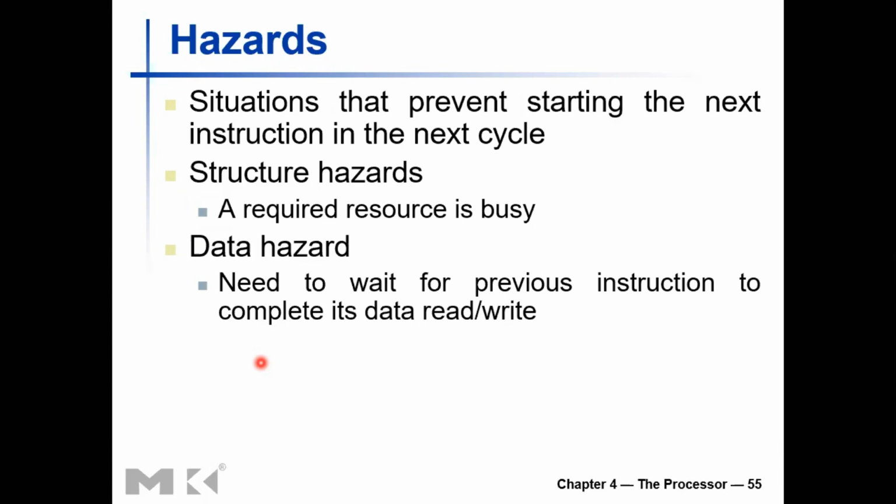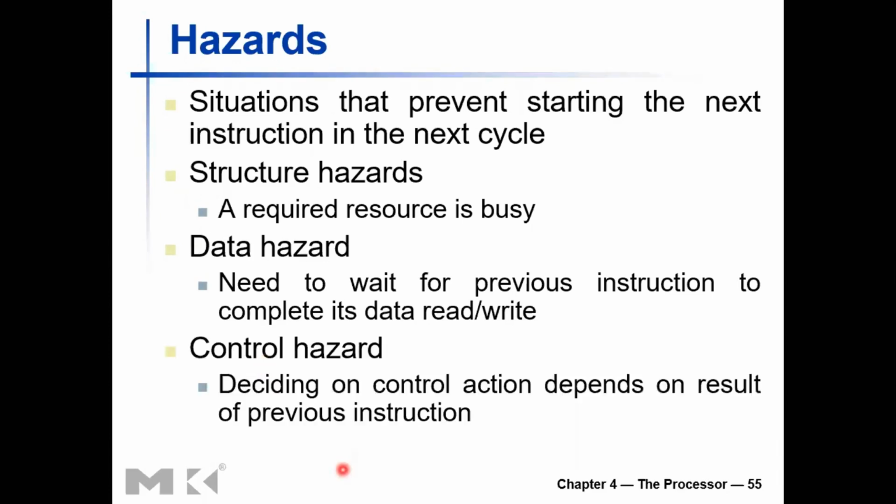So we know structure hazards, we know data hazards, and the third type are control hazards. That is, the decisions for certain control actions depend on the result of a previous instruction. We can imagine that these situations might happen in branch instructions, right? The decision for a control action to change the program counter depends on the result of a previous instruction or previous stage of operation, but the result is not yet available.